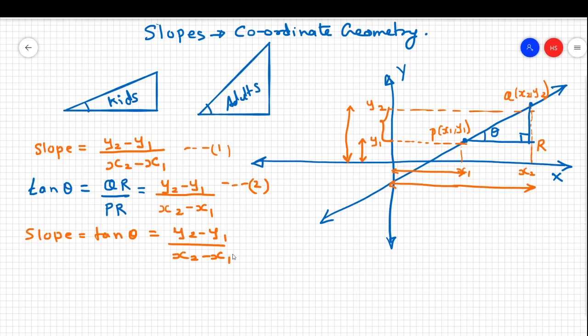So tan theta, in terms of our x and y coordinates, is y2 minus y1 upon x2 minus x1, and that itself is the slope of the line. Which line? The line that I have drawn here. So that is the first formula that you need to know. This is a very important result in terms of slope.